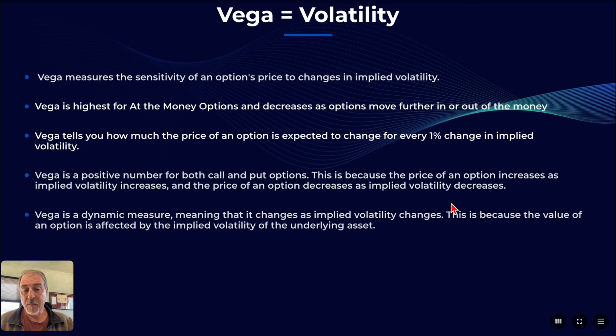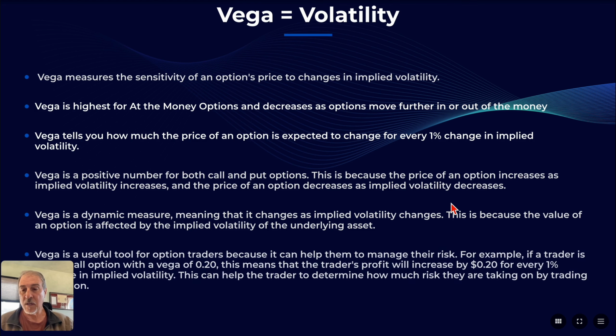Vega is a dynamic measure, meaning that it changes as implied volatility changes. This is because the value of an option is affected by the implied volatility of the underlying asset. Remember that whole extrinsic value thing. As volatility increases, that extrinsic value gets larger. As volatility decreases, that extrinsic value decreases.